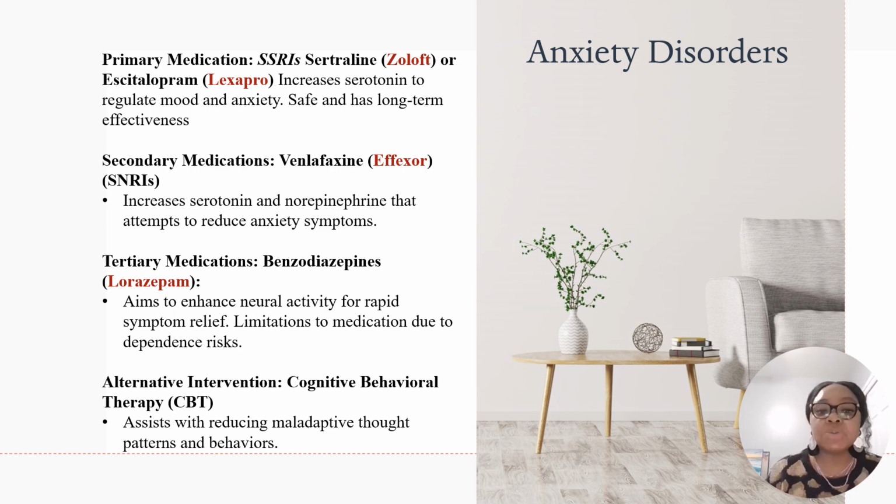And there are some limitations within this medication due to the dependence risks that come along with it. And so an alternative intervention in lieu of medication could be cognitive behavioral therapy, which assists with reducing maladaptive thought patterns and behaviors.